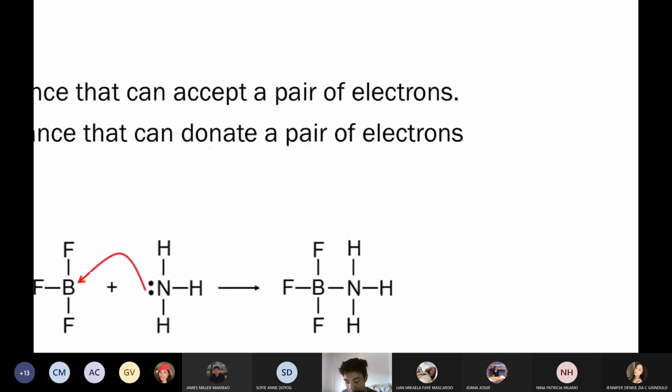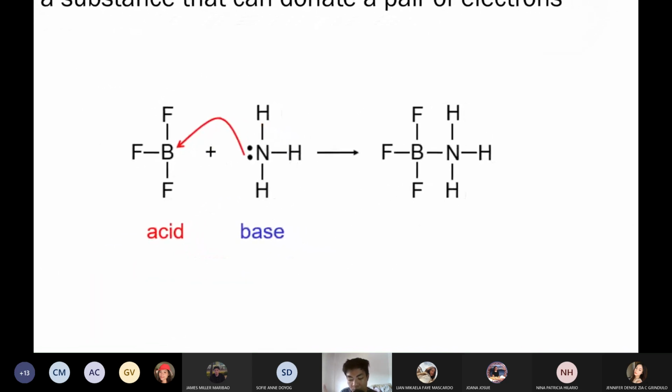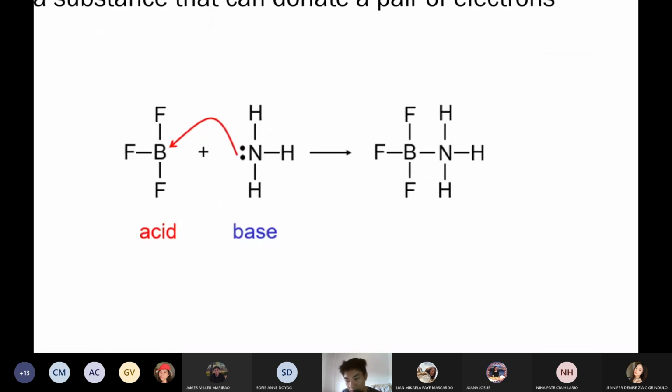So, here's another example. Tignan nyo uli yung ammonia, isa yung lone pair niya. Pagdating sa product side, wala na siyang lone pair. So, ibig sabihin nun, dinonate niya yung lone pair to create the chemical bond. Okay? So, yung ammonia ang base natin. That's the Lewis base. And yung BF3, boron trifluoride, since siya ay nadagdagan ng chemical bond, siya ay acid, Lewis acid.